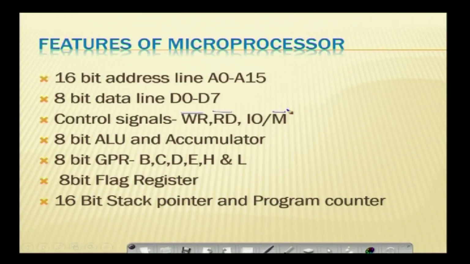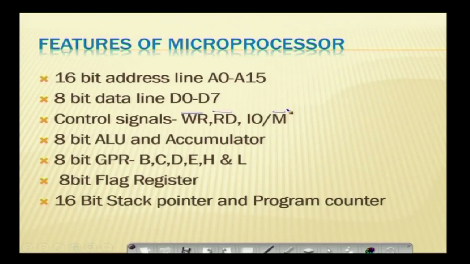RD bar is used for read operations. IO/M bar is used to differentiate whether the processor is operating with I/O devices or with the memory device. When the signal is low, the processor is operating with memory. When the signal is high, it is operating with I/O devices. High represents plus 5 volts, a logical one. The bar represents an active low signal, which is 0 volts.